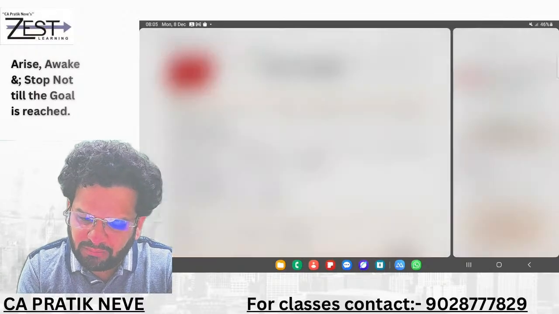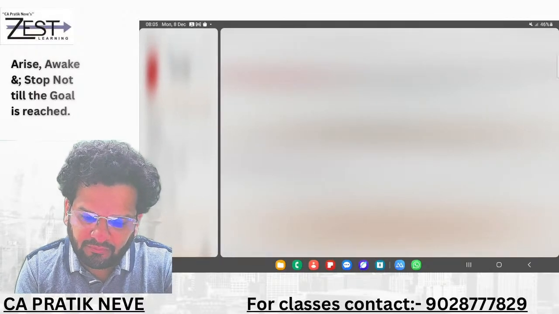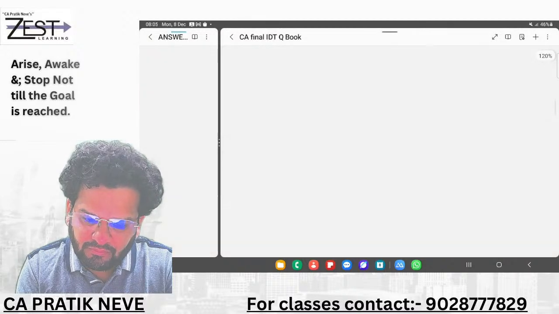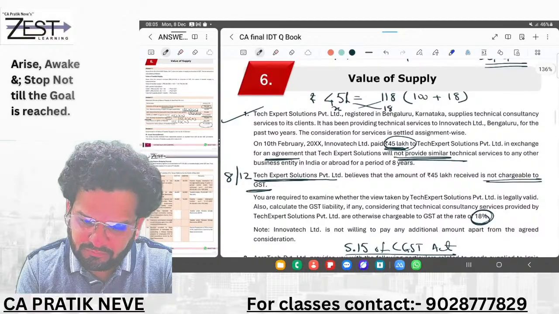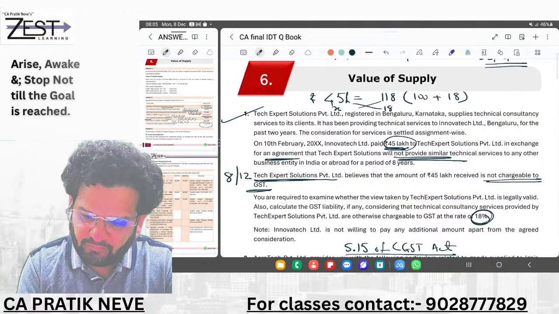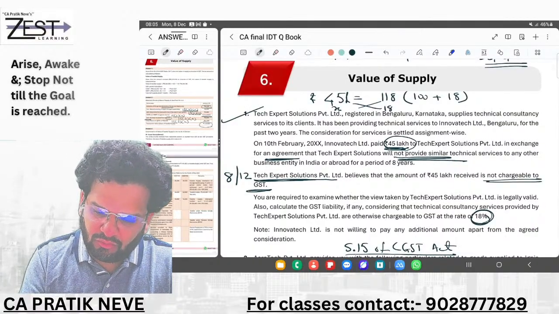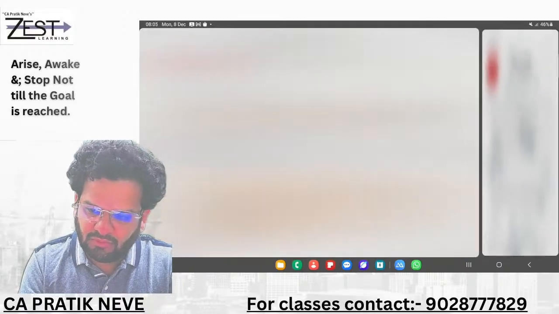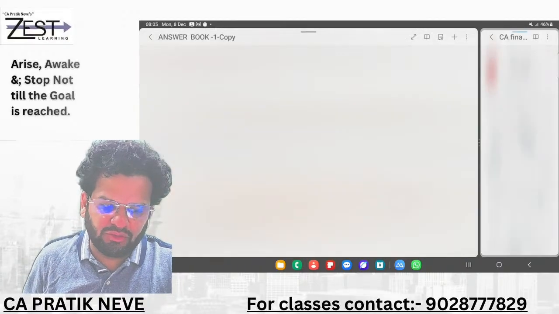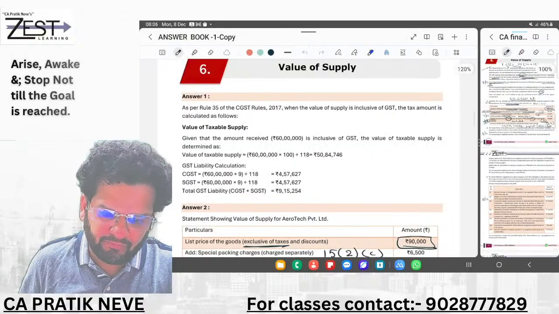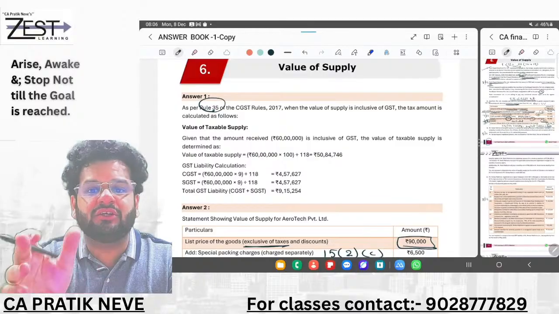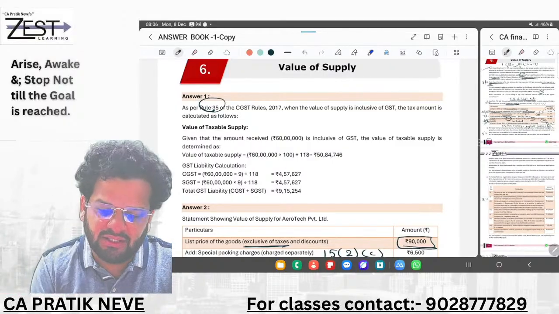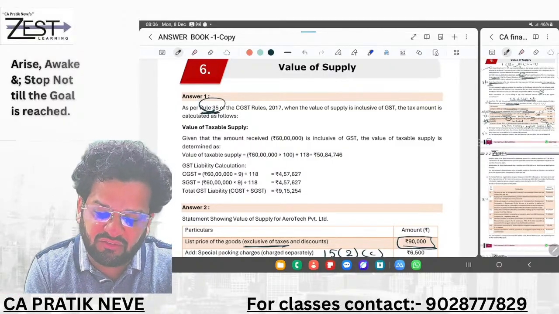Now see, the only point is, we did that calculation for excluding GST, that is done as per rule 35.